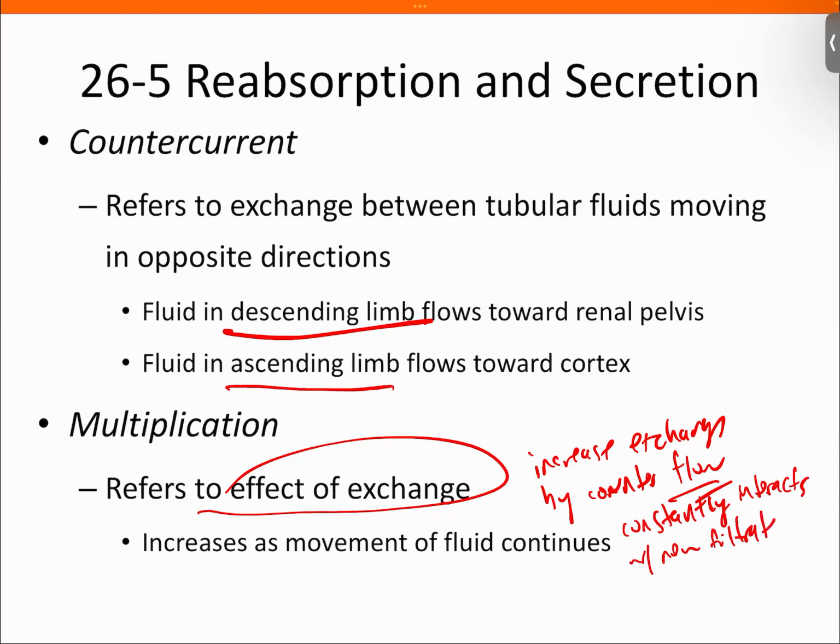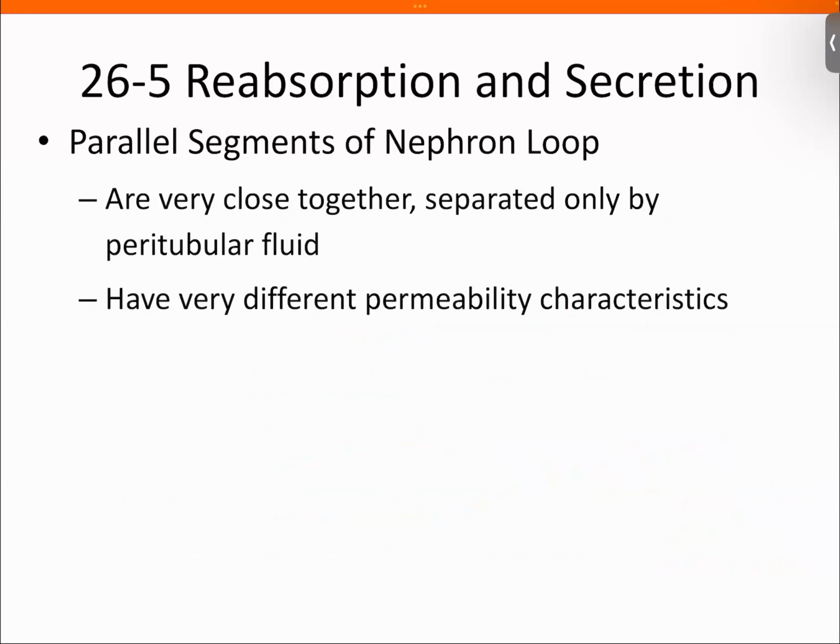It's constantly interacting with a new stream of filtrate as it comes in. You're constantly meeting somebody new because you're passing by each other, so that increases exchange, and everybody fills up.